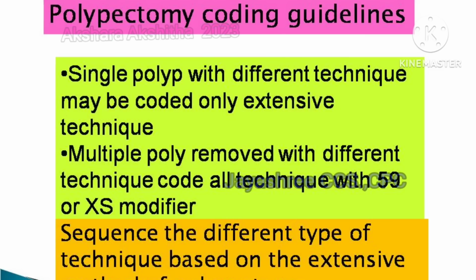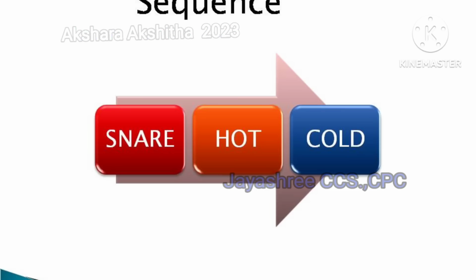For multiple polyps removed with different techniques, we have to bill all techniques separately with the 59 or XS modifier. For example, there is a polyp in the sigmoid colon, and an ascending colon polyp also. The doctor is removing the sigmoid colon polyp by snare technique, then the ascending colon polyp by hot technique.